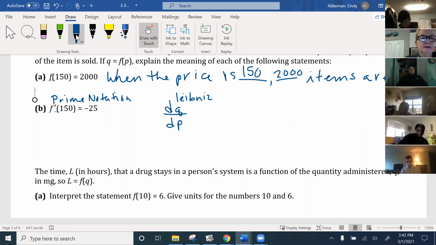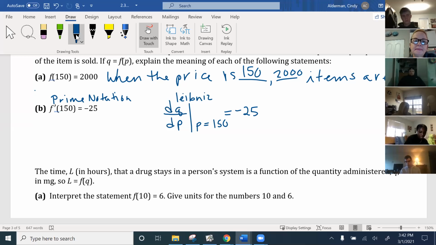Okay. And then you'd write this like, okay, you want T. No, we'd want P to be 150. And then write it legibly. So when the price is 150, something happens at negative 25, right?